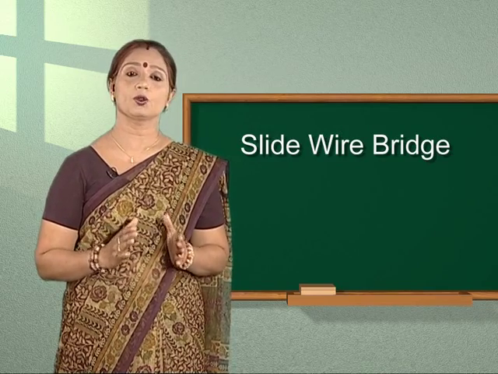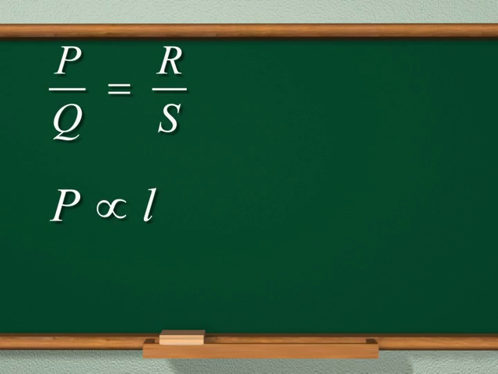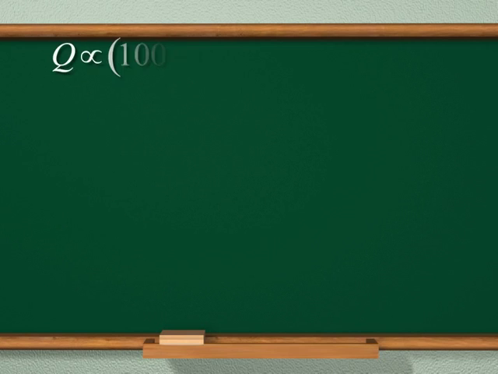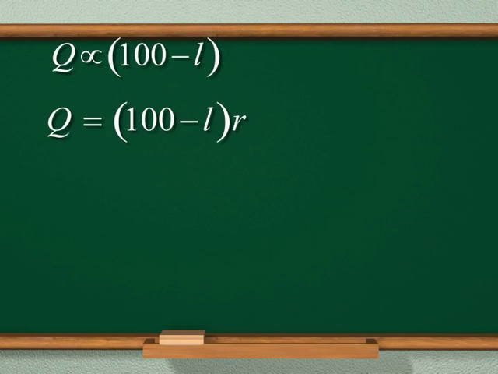Therefore, according to Wheatstone bridge principle, P by Q equals R by S. Here, P is proportional to the length L of the wire, or P is equal to L into r. Q is proportional to the resistance of the length 100 minus L of the wire, or is equal to 100 minus L into r.